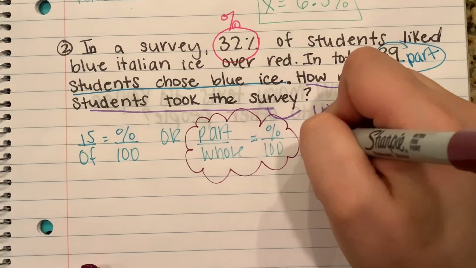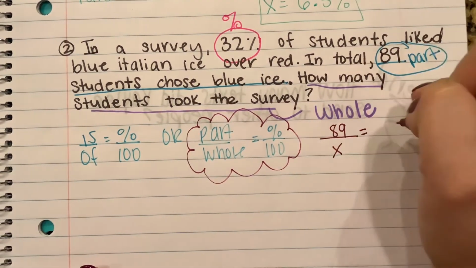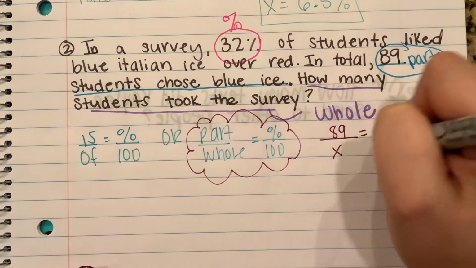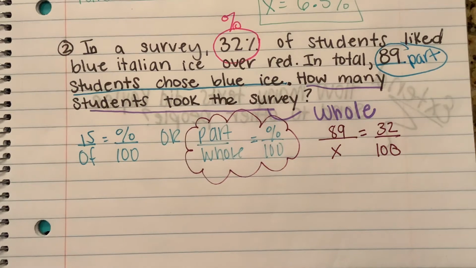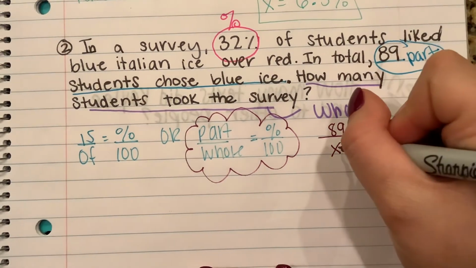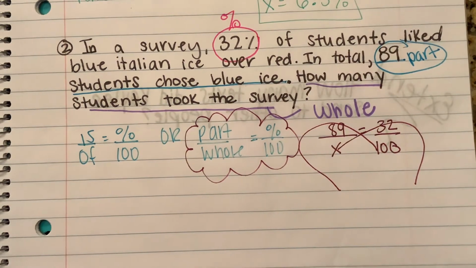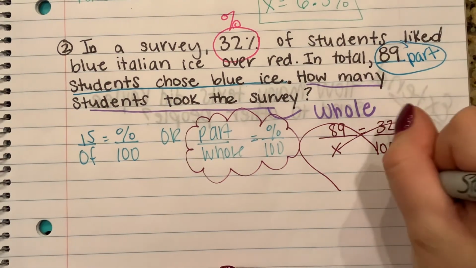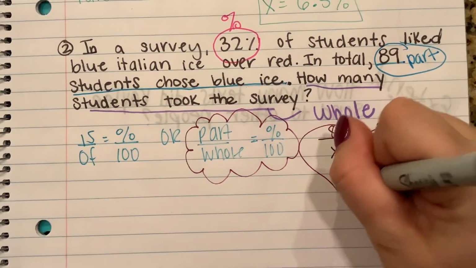So we have our part, which is 89. Our whole we don't know yet. We don't know how many students took the survey, but we do know our percentage was 32% and our constant number 100. Hopefully we are getting to the point where these are becoming easier for us. We're recognizing our part and our whole, and we're able just to go through the motions on our calculator.